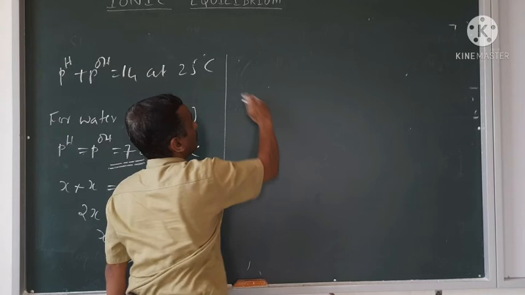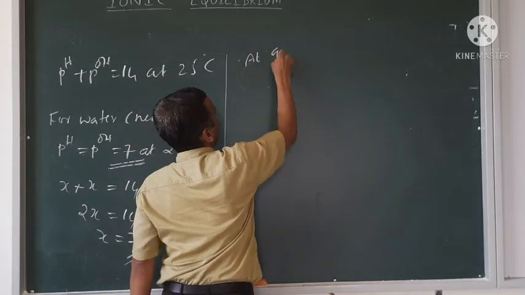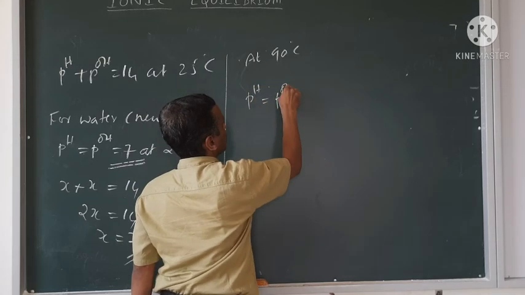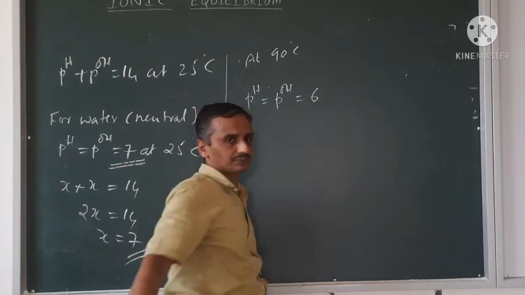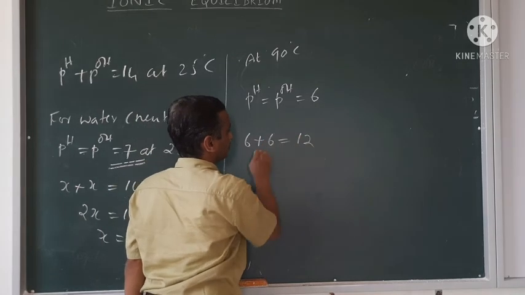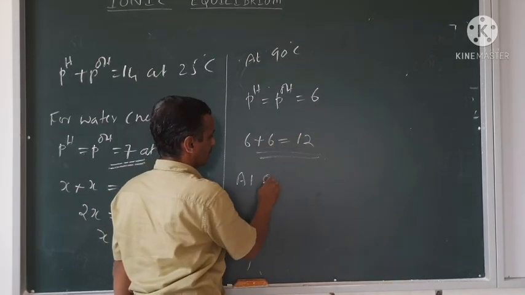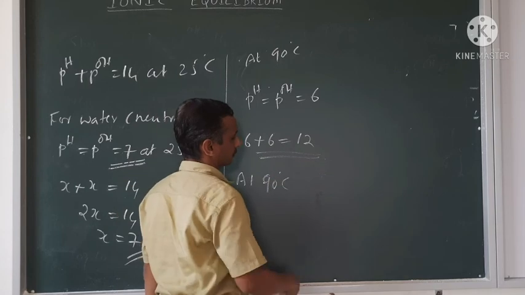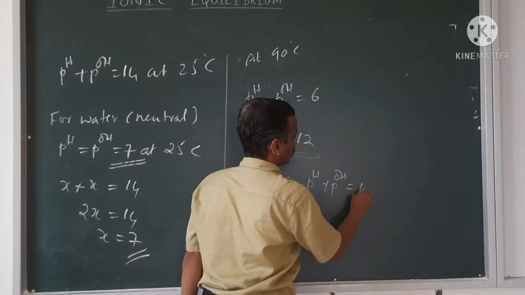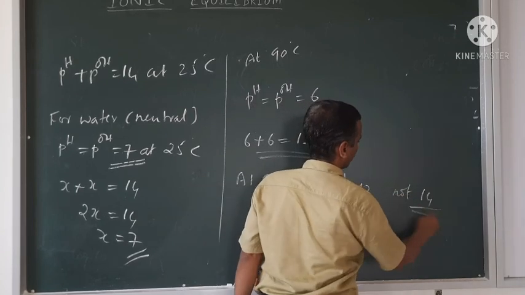Now at 90 degrees Celsius, pH is equal to pOH is equal to 6, because 6 plus 6 becomes 12. Because at 90 degrees Celsius, pH plus pOH is equal to 12 and not 14.